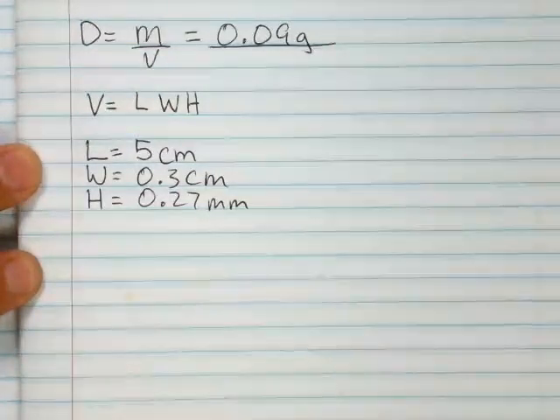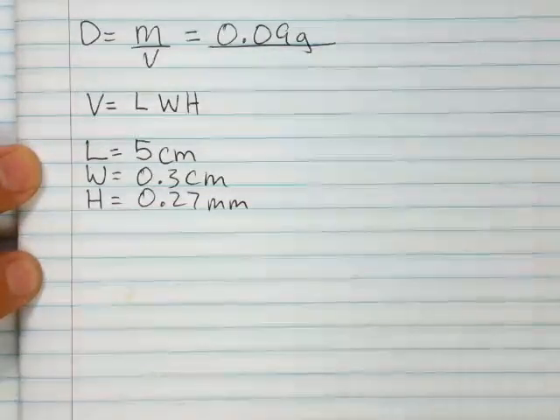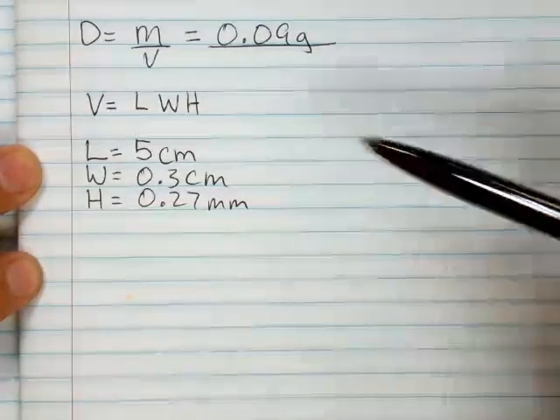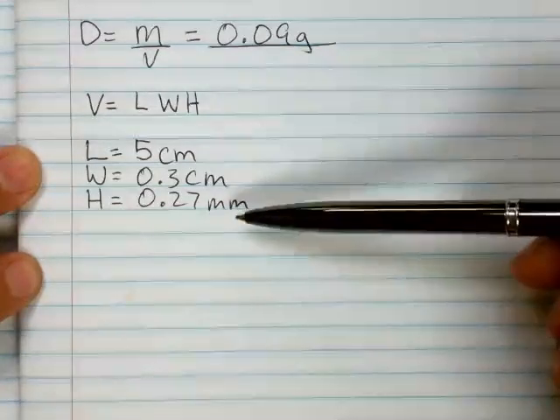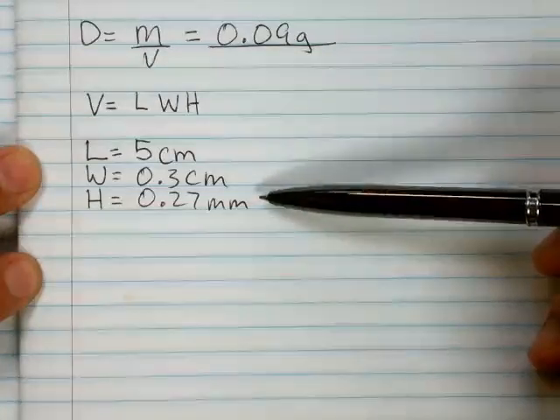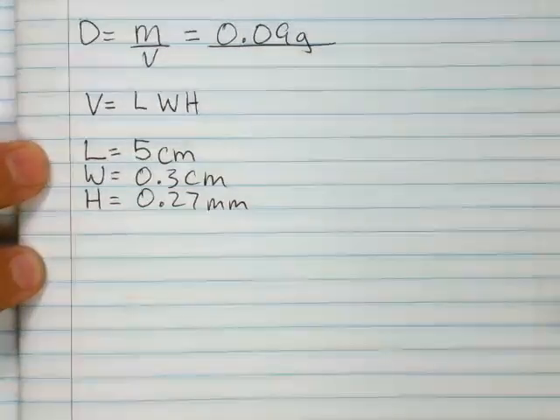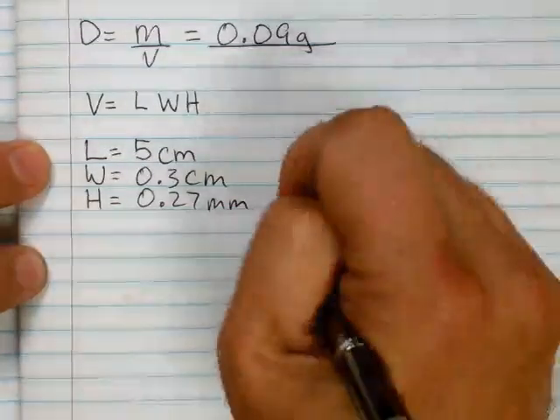But we're trying to get the volume, so that would have to be centimeters cubed. We have centimeters times millimeters. That's not going to give you centimeters cubed. So what did you have to do again? You converted, yep. You convert that thickness to centimeters.